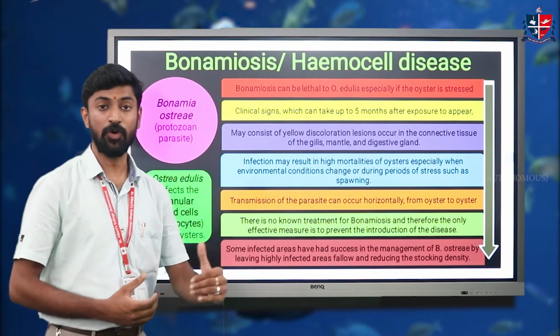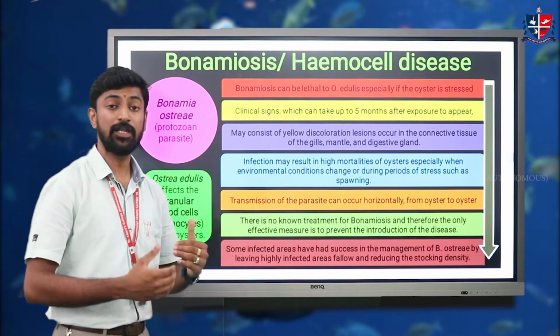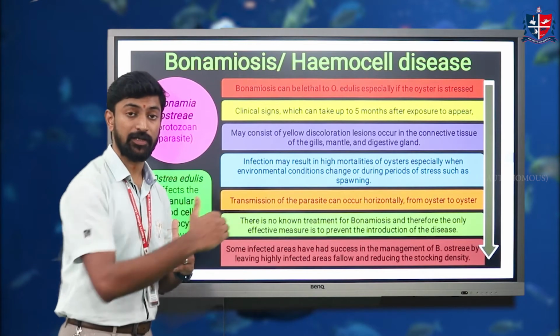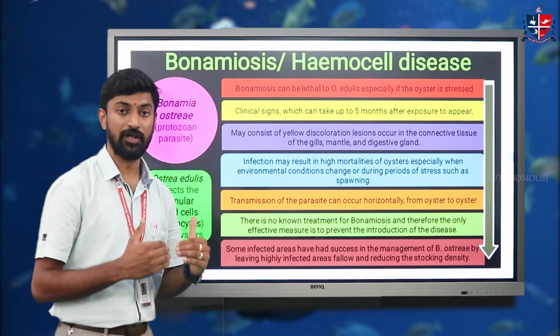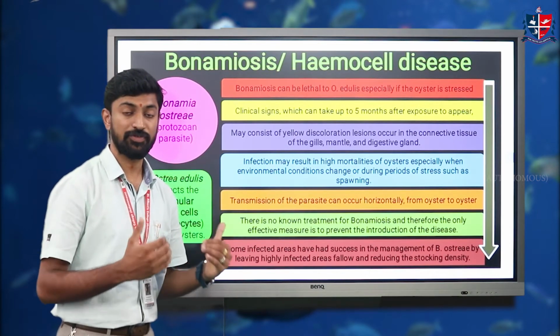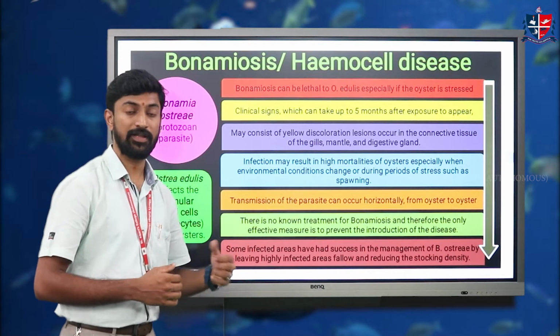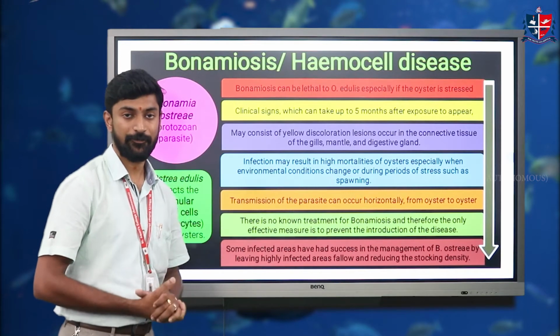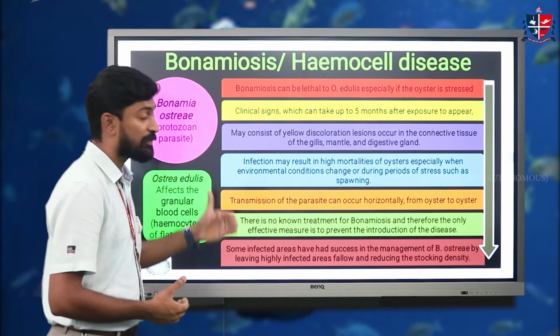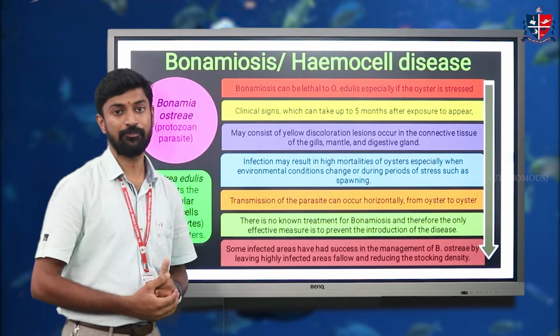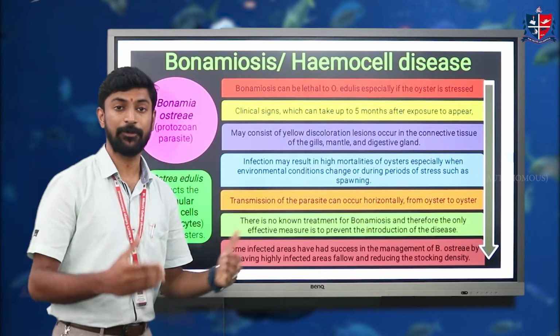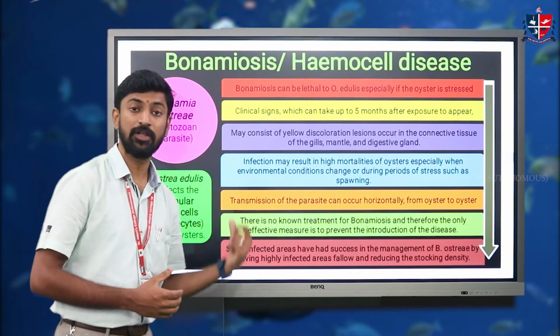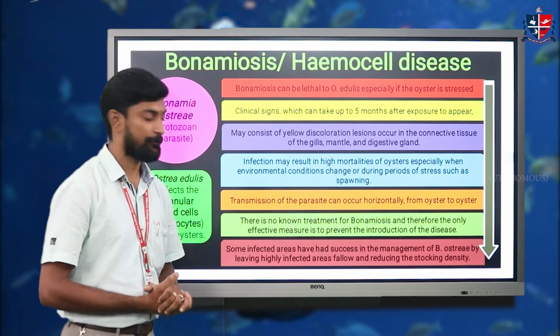In the period of spawning, if any environmental pattern is changed, that also exposes the oyster to a number of pathogens, which easily enter the body of the oyster. The transmission of this parasite occurs horizontally, that is, from oyster to oyster.